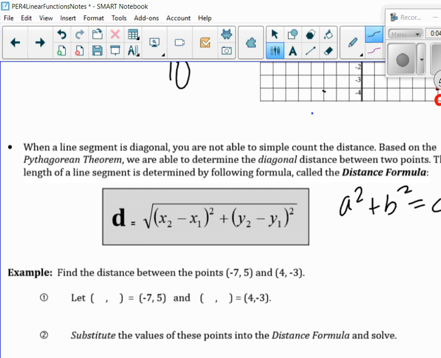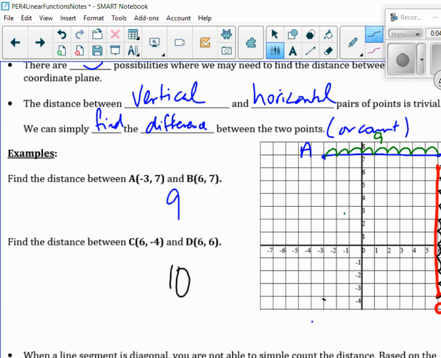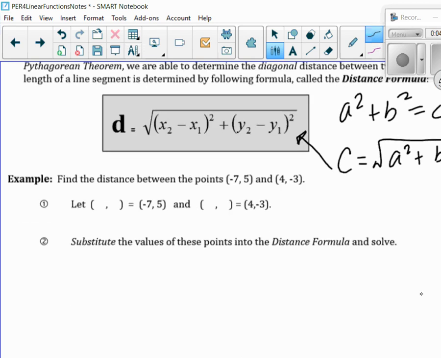If I wanted to actually solve for c, do you see that c is the square root of a squared plus b squared? That's where this is coming from, right? And so the a is the difference horizontally, and b is the vertical distance. And that's the differences here. The difference between the two and the difference between the two. That's where this is coming from.